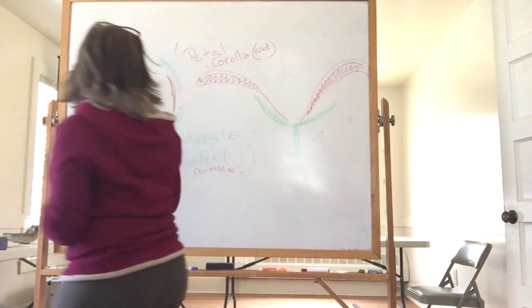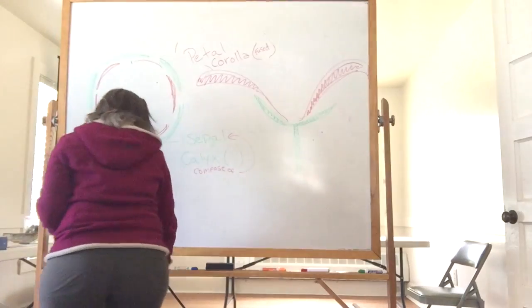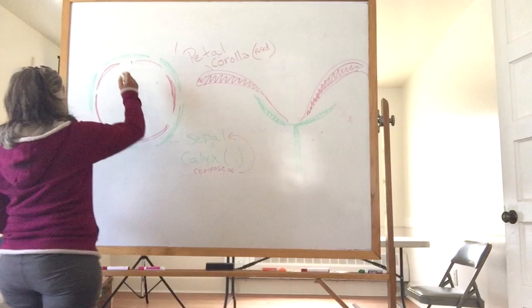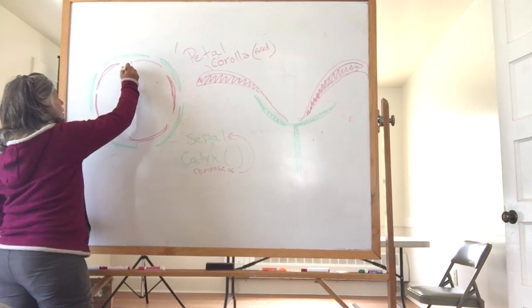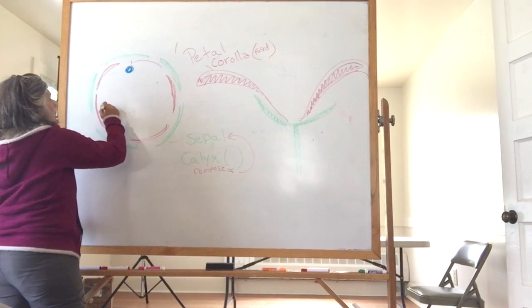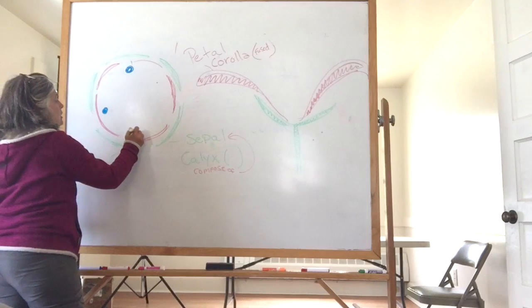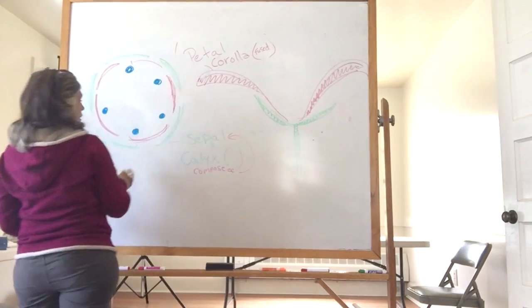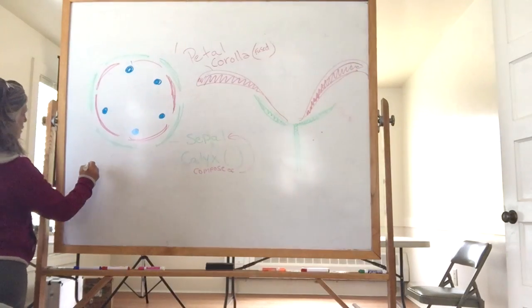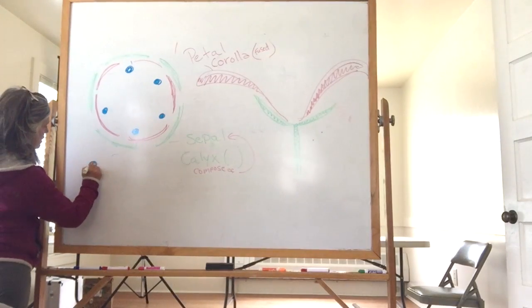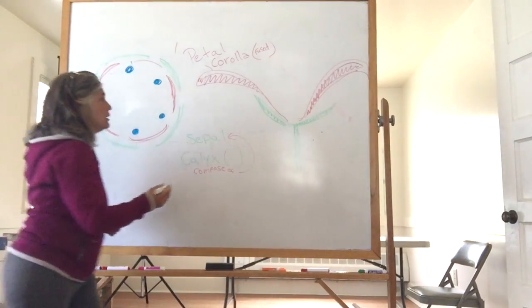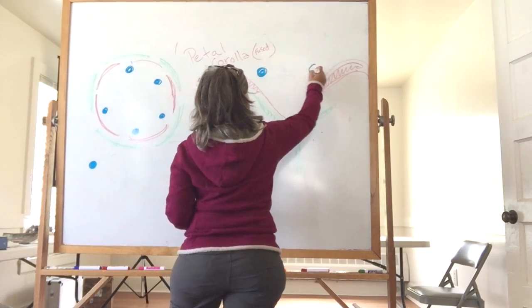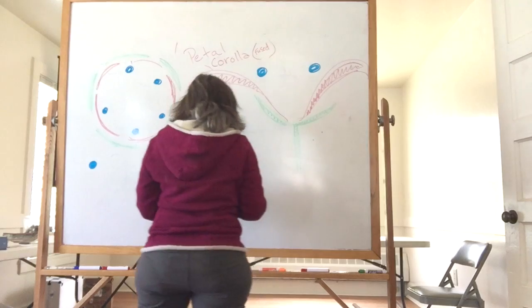And so the sex parts of the plant, the next whorl, are the stamens. Okay. I'm going to put a filament on here.